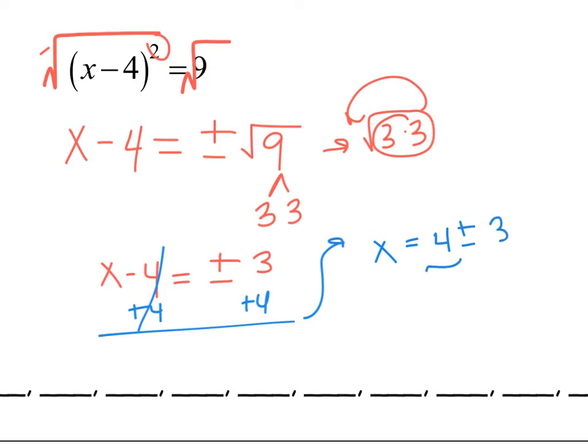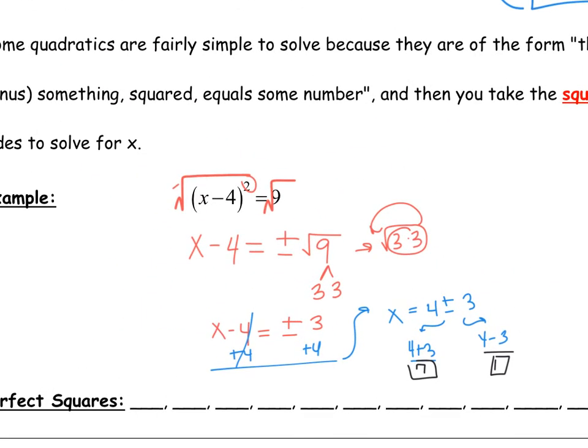So you say to yourself, I want to find out what x is, so x equals 4 plus 3, and x is also equal to 4 minus 3. 4 plus 3 is 7, and 4 minus 3 is 1. Those are your values of x. X equals 7, and x equals 1. So you have 2 possible answers.